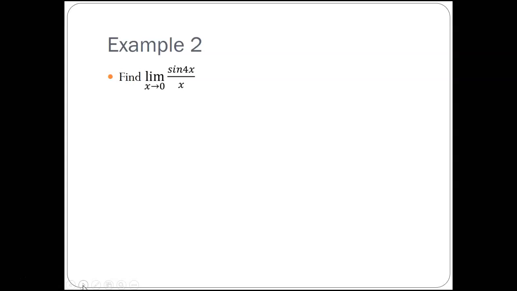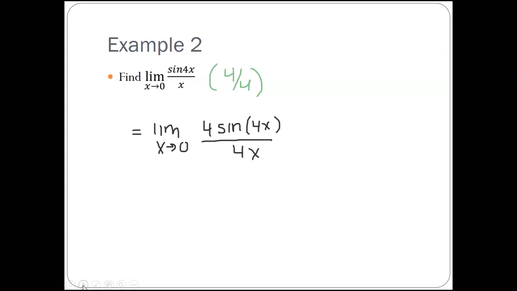So we did something similar to this yesterday. You have sine 4x over x. Well, we're missing a 4. So we're going to multiply the top and bottom by 4 over 4. So this becomes the limit as x approaches 0 of 4 sine 4x over 4x.